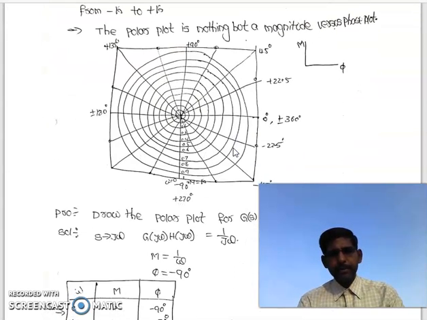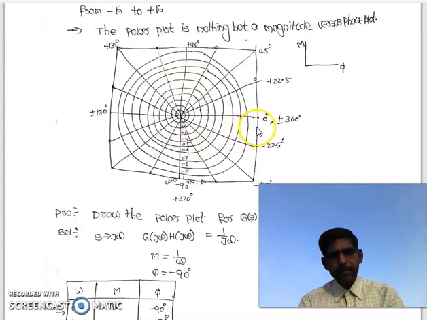You can observe here, this is the polar plot. Here we will be having the magnitudes. These circles are unit circles, 0.1, 0.2, 0.8, 0.3, 0.7, 0.6 and so on.